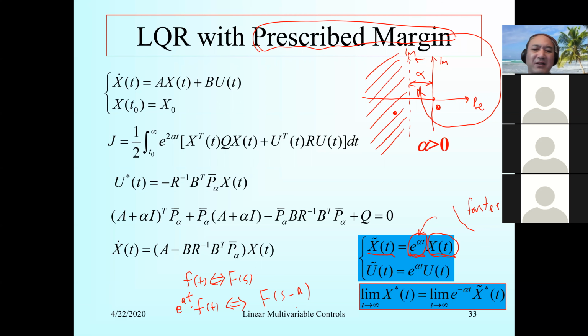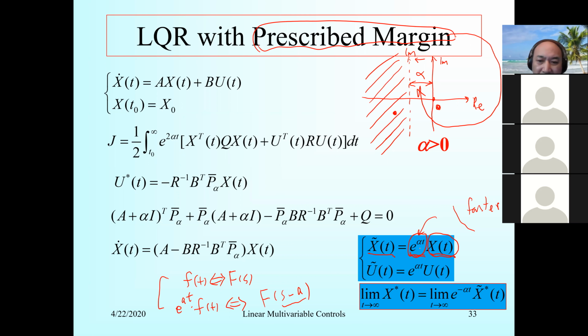Yes, s minus a. This is very easy to show by using the definition of the Laplace transformation.